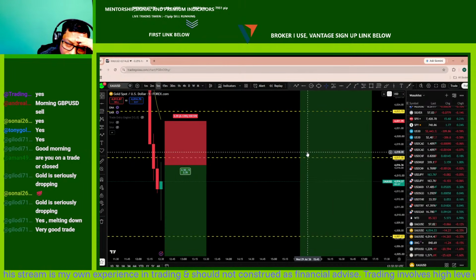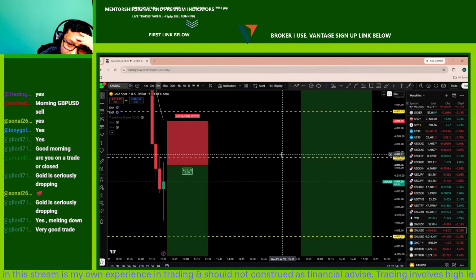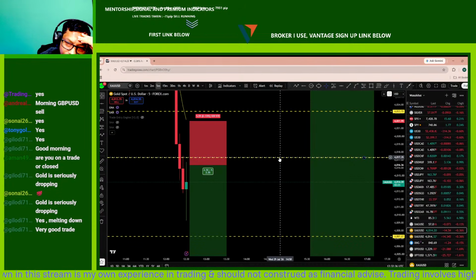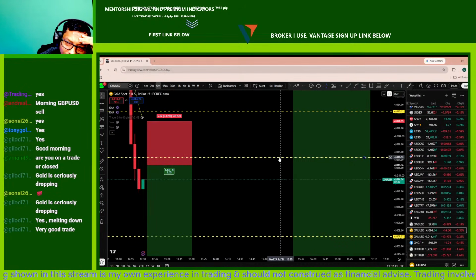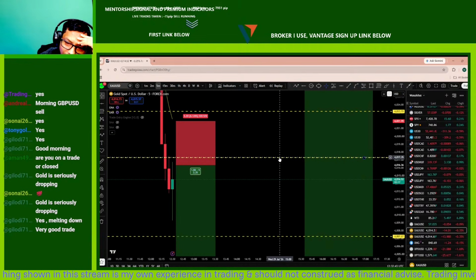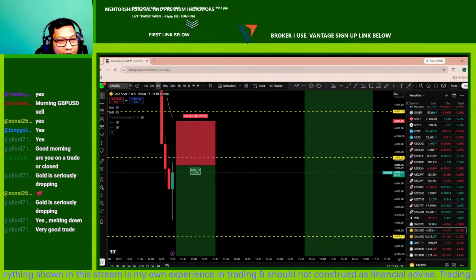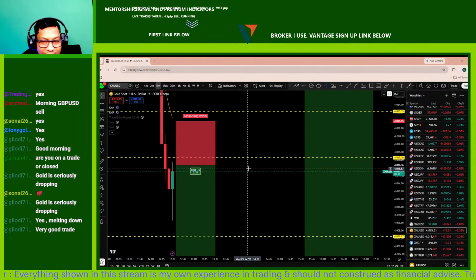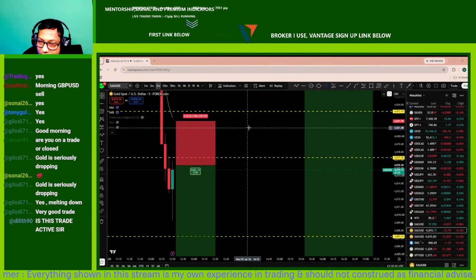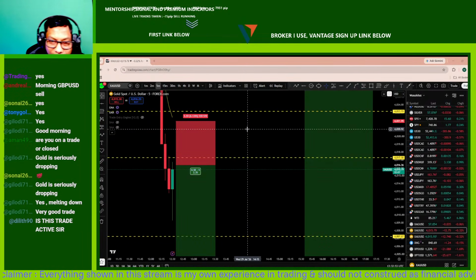Quite a few long wick doji here. Very good trade. Yeah, that melting down.